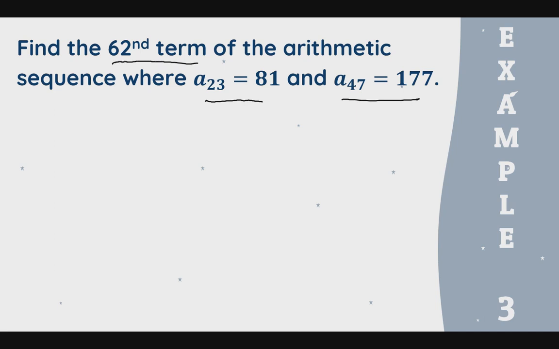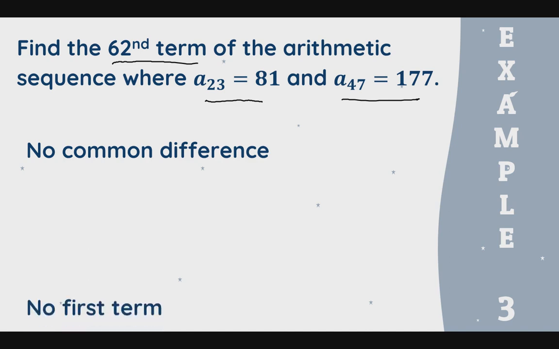As you can see, in this problem, unlike number 2, we cannot get the common difference as easily as what we did in example number 2. And also, we don't have the first term. So, how do we solve for this one? On this kind of problem, we can use this formula.